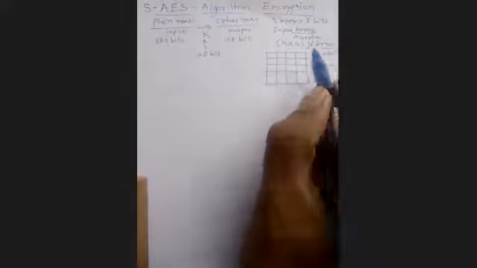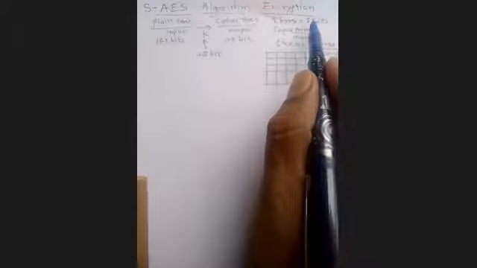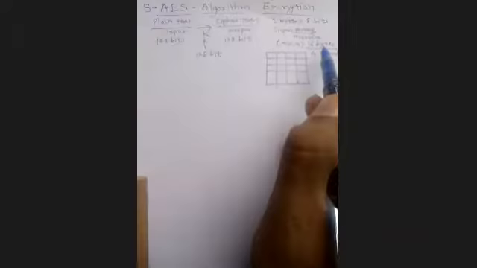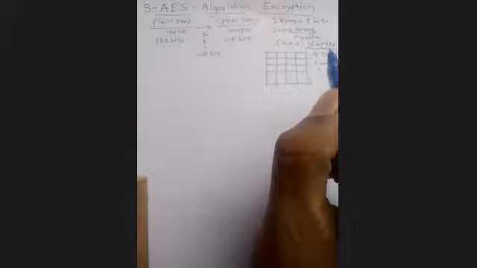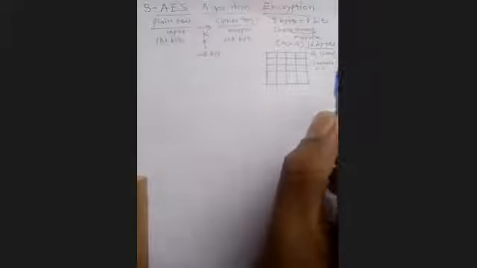Suppose you ask, sir, how can I store it in words? 16 bytes, where 1 byte is 8 bits, can be stored as 128 bits there. Now for words, one word is equal to how many bits? There are 32 bits.